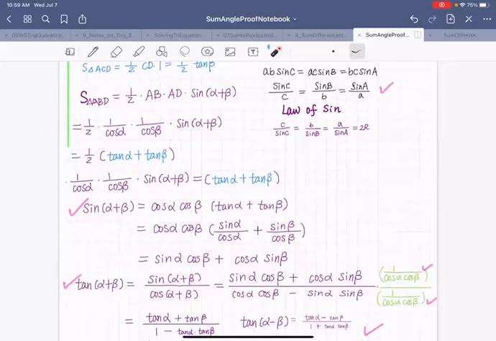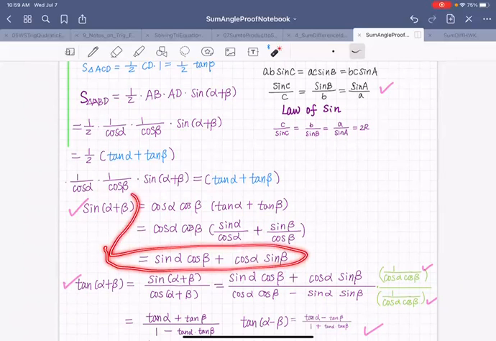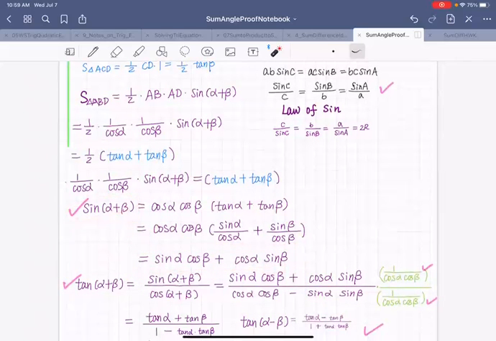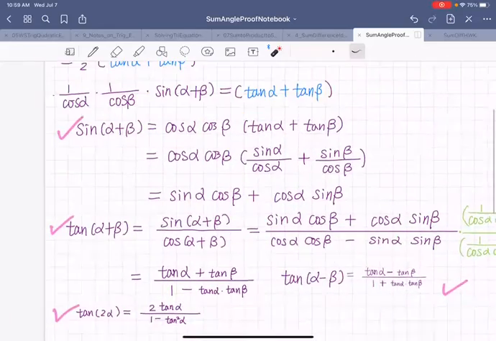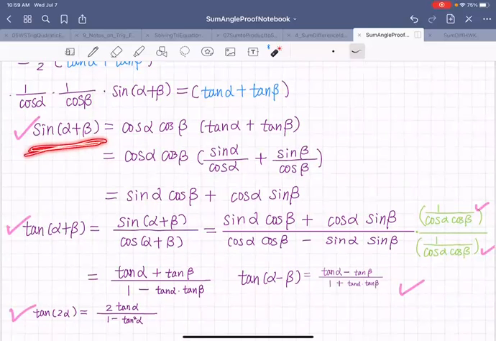But I would like to teach this to make you truly understand this is true, okay? In your school, they won't teach you this part. I would like to show you this is really true. Now, starting with this formula, we are able to get the formula for tangent alpha plus beta, okay?